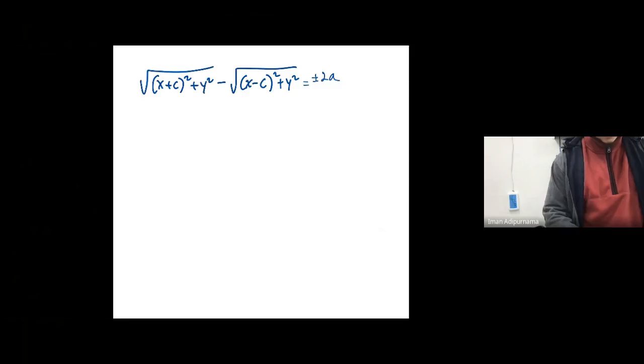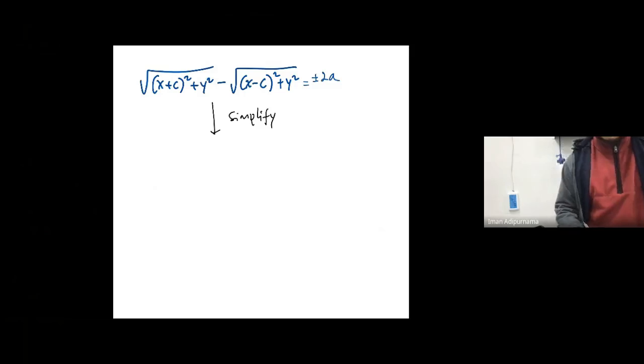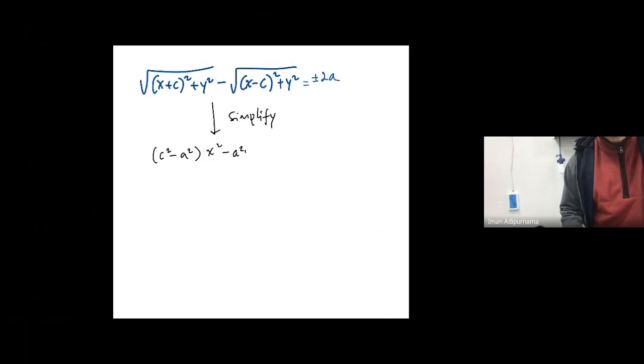And then simplify, meaning you remove the square root, you square both sides, and then simplify. And we get c squared minus a squared, the same as we did with the ellipse. And then divide all by c squared minus a squared.